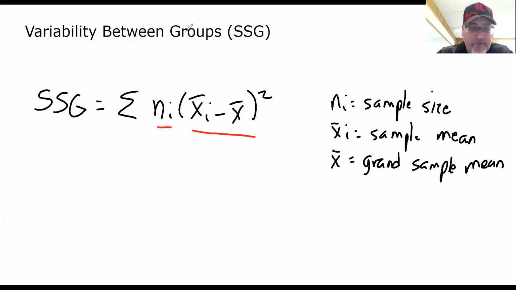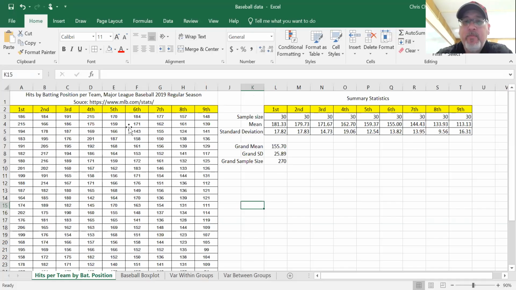When we talked about the sample size, mean, and standard deviation for each individual sample, that's precisely what it was for each individual sample. But when you're doing multiple populations and multiple samples, there's also a concept called a grand mean, a grand standard deviation, and a grand sample size.